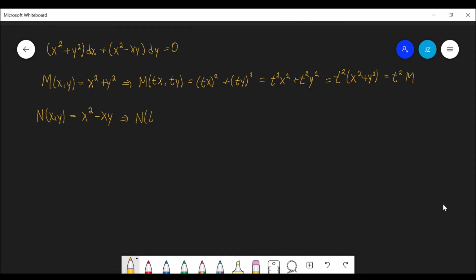So N of tx, ty gives us t squared x squared minus t squared xy, which is t squared times (x squared minus xy), which is t squared times N. So N is homogeneous of degree 2. So this is a homogeneous equation.